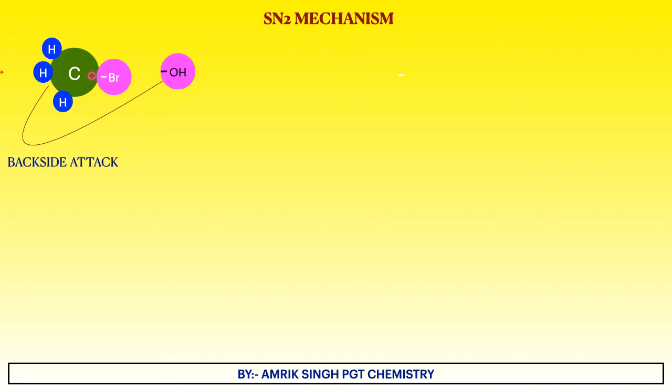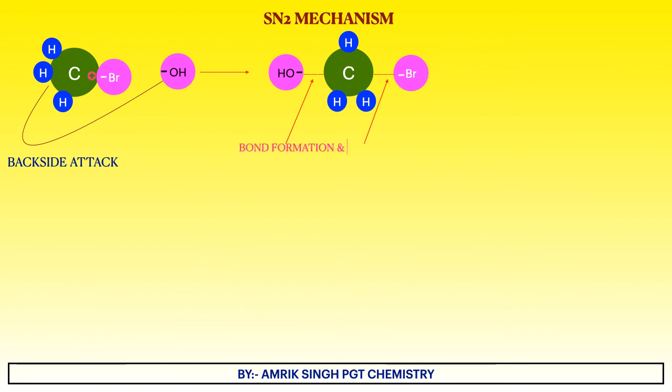Backside attack is shown here, and we get a transition state in which the bond between carbon and bromine is weakening, and the bond between the nucleophile, OH negative, and carbon is forming. As shown in the diagram, bond formation and breaking take place simultaneously.